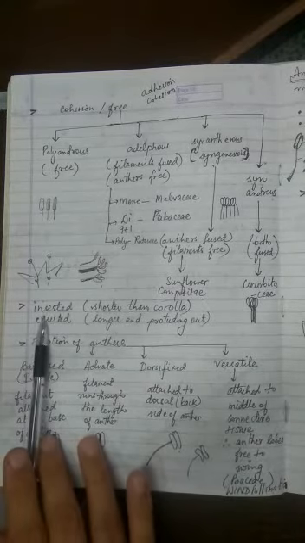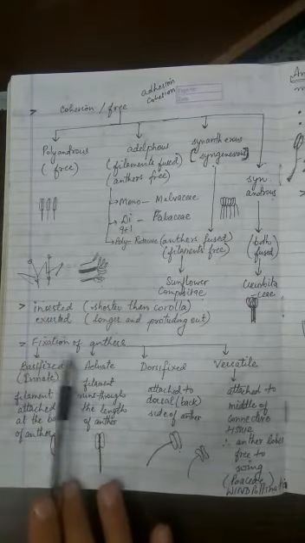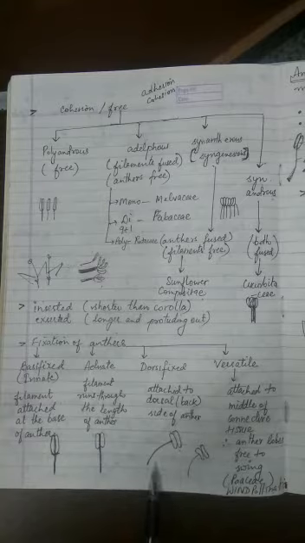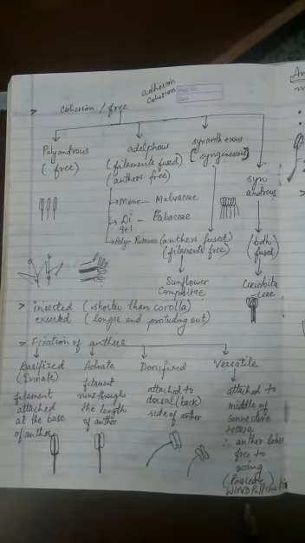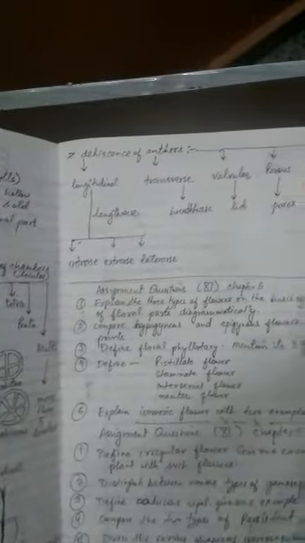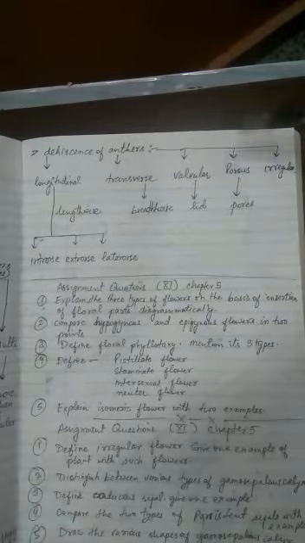We learned that stamens can be inserted or exerted type, and then various fixations are also possible: basifixed, adnate, dorsifixed, and the one which is found in the Poaceae family, which helps in wind pollination, is the versatile type. We learned about dehiscence, and I could not cover the diagrams of this, so I will finish that in minutes now.